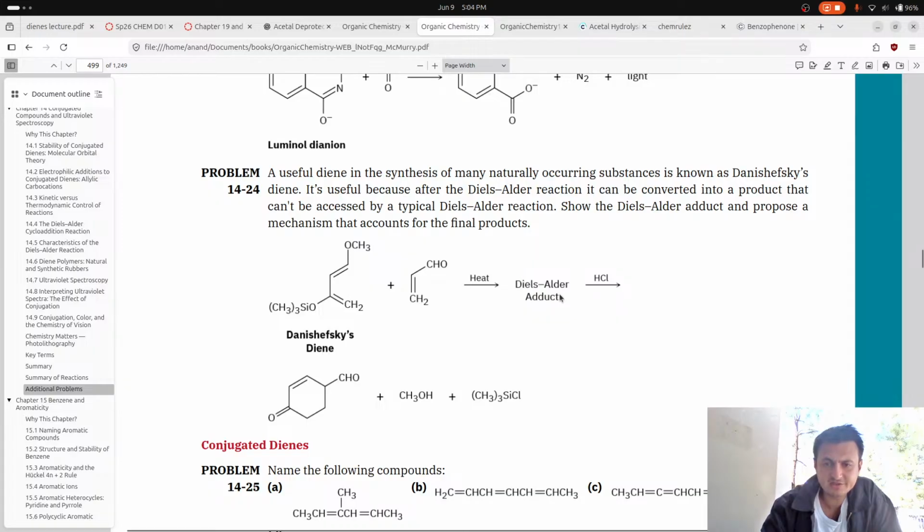Okay, so I got the product, the Diels-Alder adduct. Now we're adding HCl.